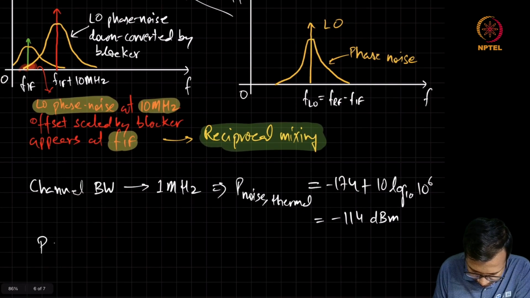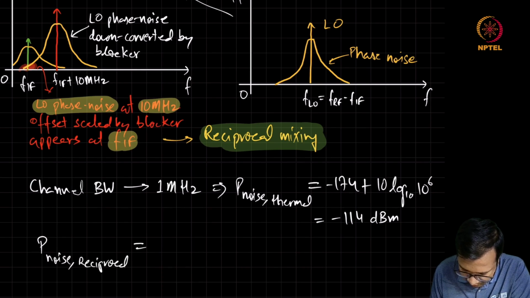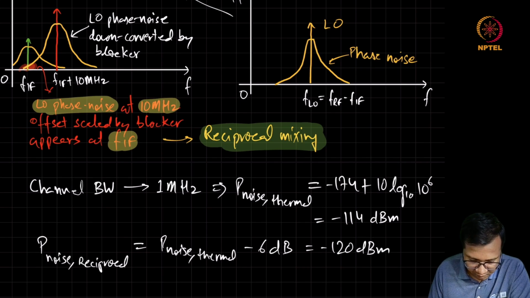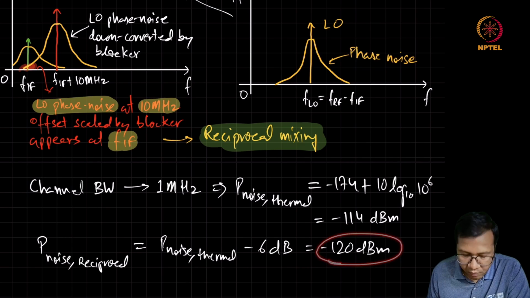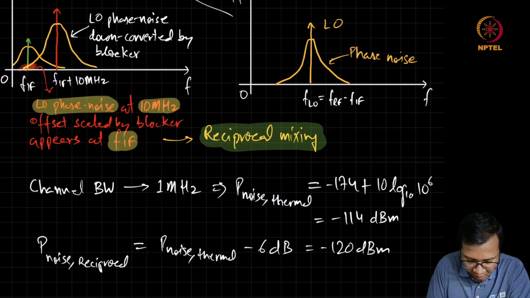So the noise due to this reciprocal mixing should be P noise thermal minus 6 dB, which is coming out to be minus 120 dBm. From this requirement on the noise due to reciprocal mixing, we can back calculate what should be the LO phase noise at 10 megahertz offset.